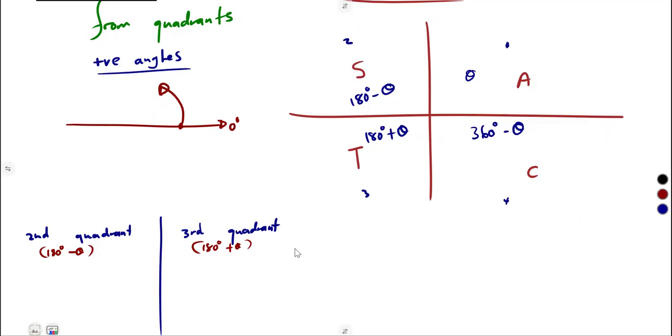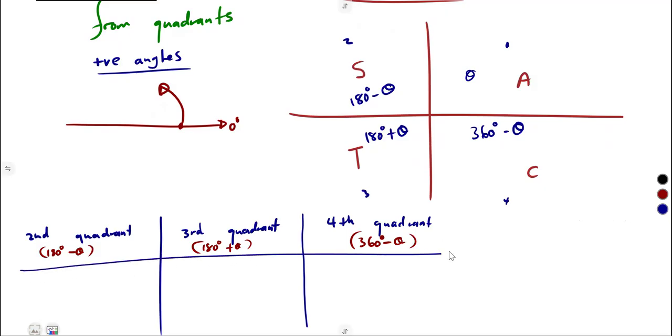Then we have the fourth quadrant, and that's where we have 360 degrees minus theta, as we are referring to the positive angles. These are positive angles. So thus the sine and cos can be reduced.